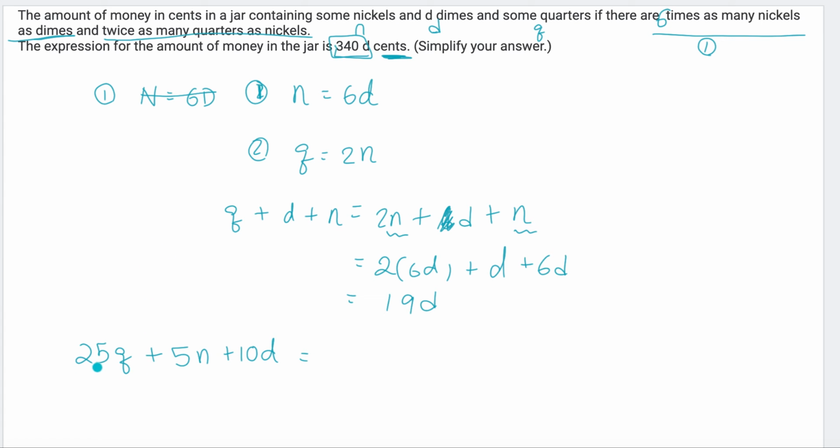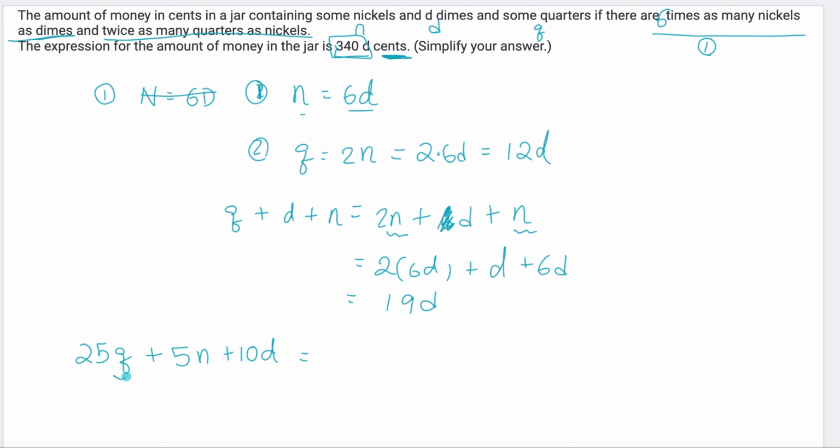So think about this. 25 times q. How many quarters are there? 2n, and we can change this to how many dimes. As you can see in the previous question, we could change everything in terms of d. So here we can change it. We know that we can change this to the d term as well. So instead of n, you can put 6d, which is 12d for the quarters, right?